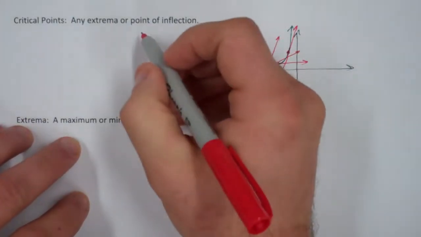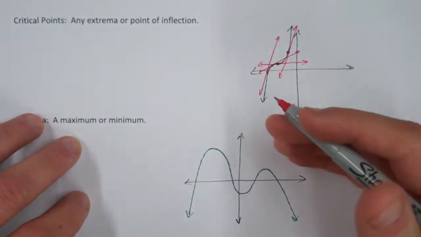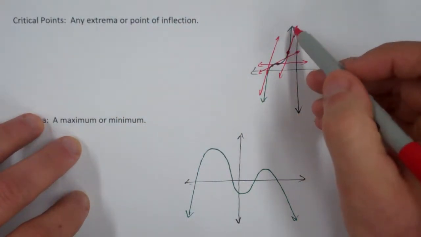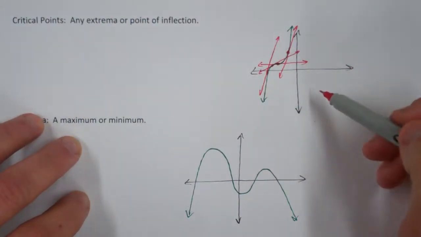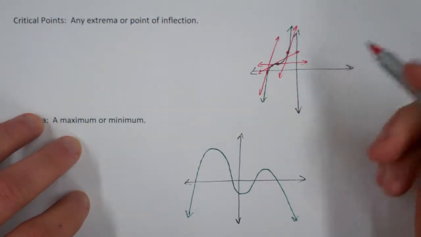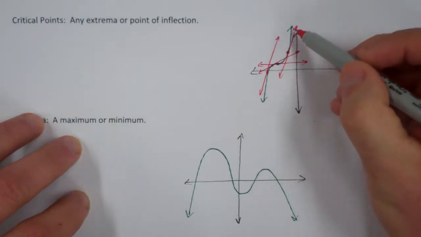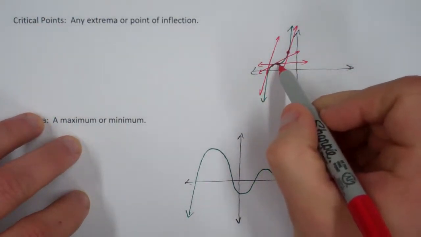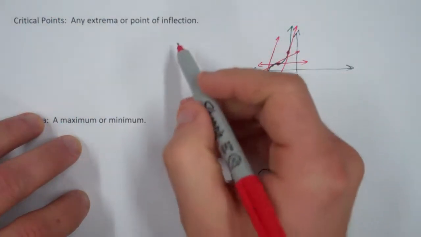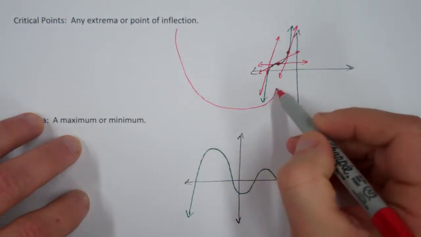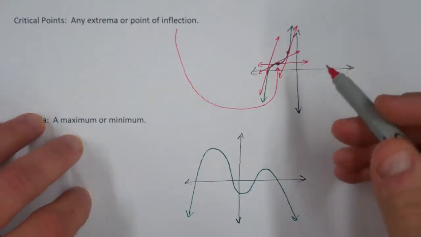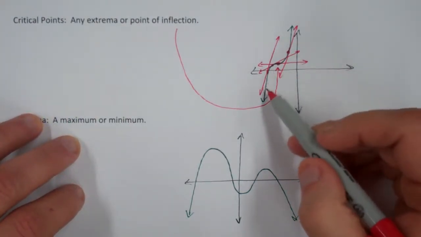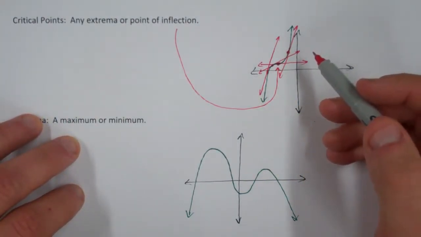So for a point of inflection, we're going to be increasing to increasing, or it could be decreasing to decreasing, but we won't be changing the fact that the function is increasing or decreasing. And the point of inflection is this point right here, where the slope of the line that's tangent to this curve is 0.